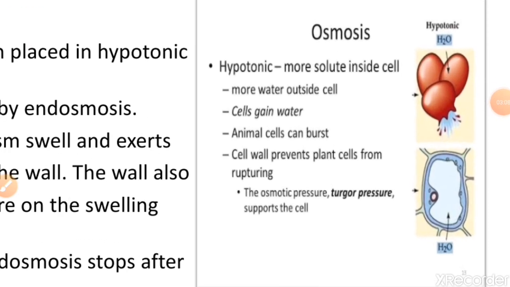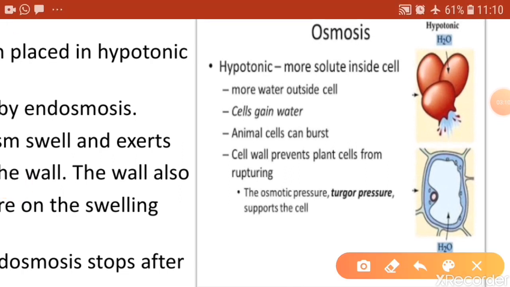Now this picture shows the condition of an animal cell and a plant cell. When both these cells are present in a hypotonic medium, both are going to gain water.